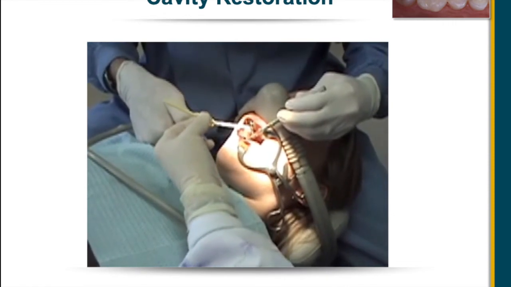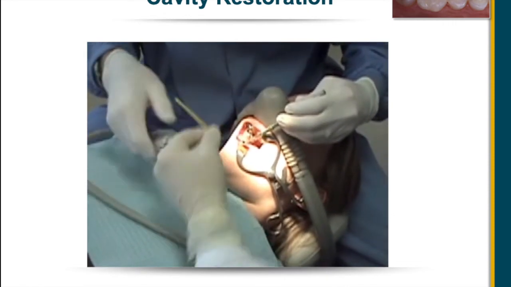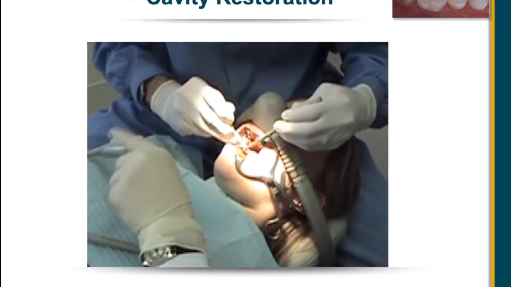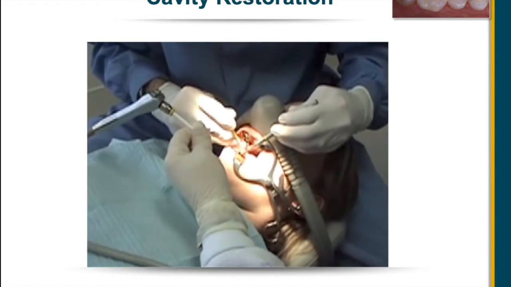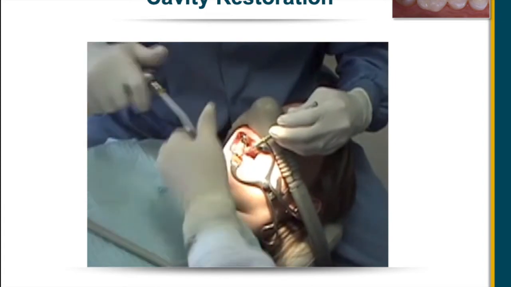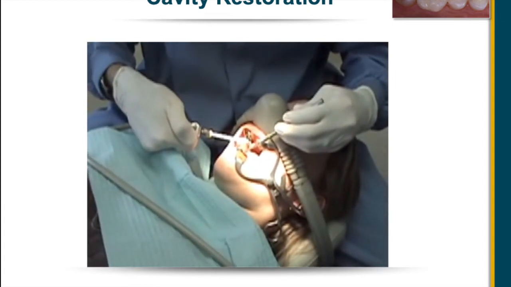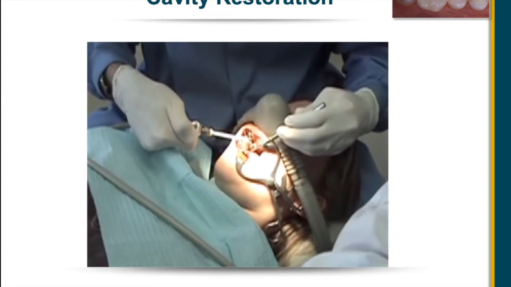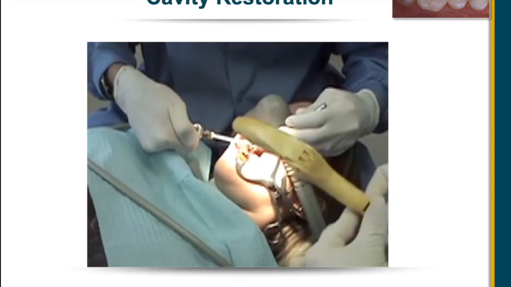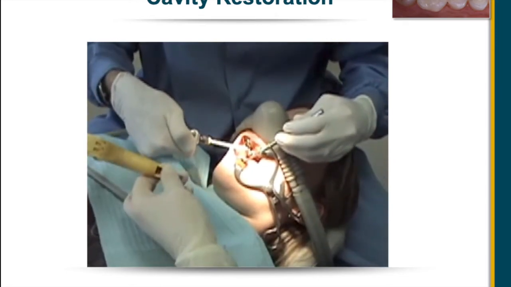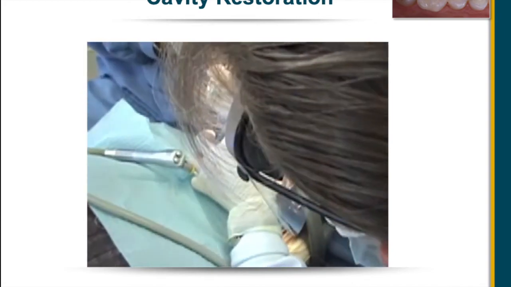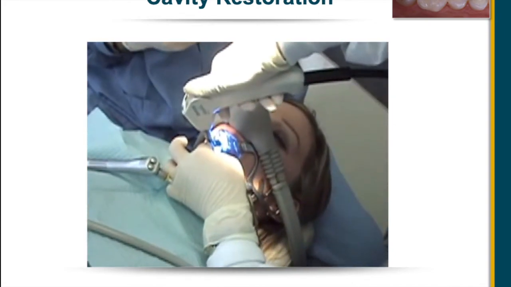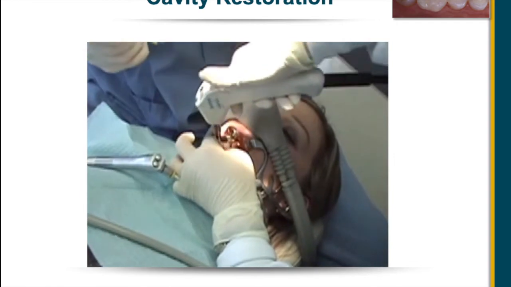Some require more steps than others, but generally a dry, saliva-free field and these microbrush applicators are pretty universal. The doctor in this case wants to air dry the priming agent, and then he places the bonding agent, and then the assistant will hand him the composite material while she light cures the prime and bond.